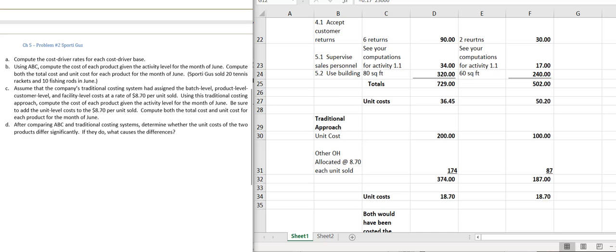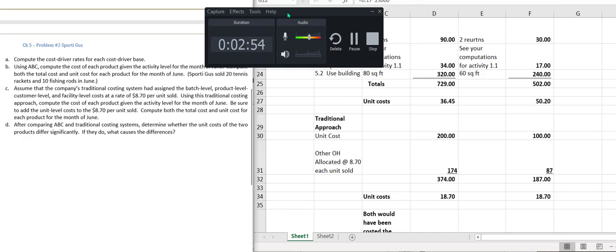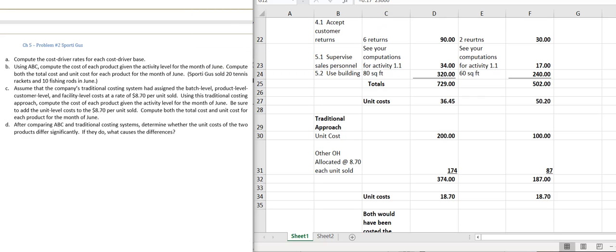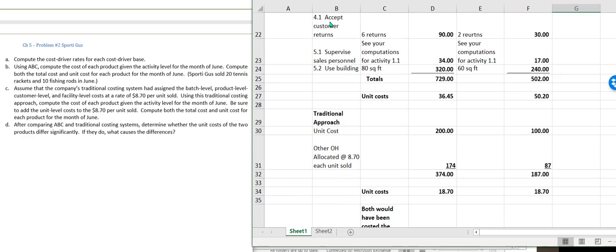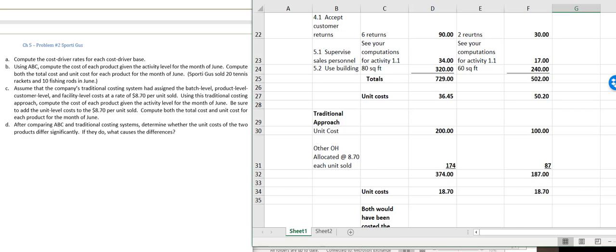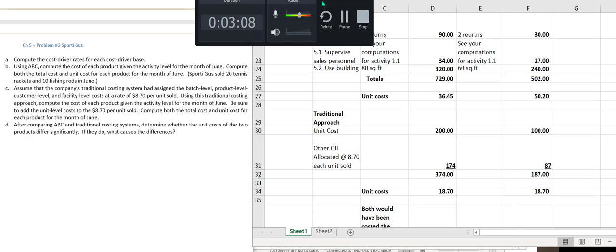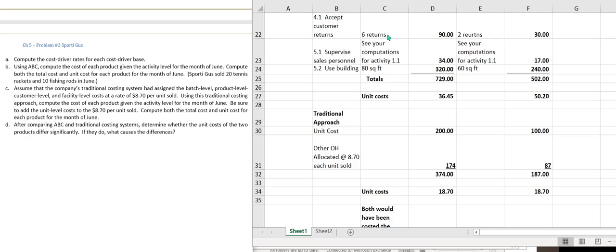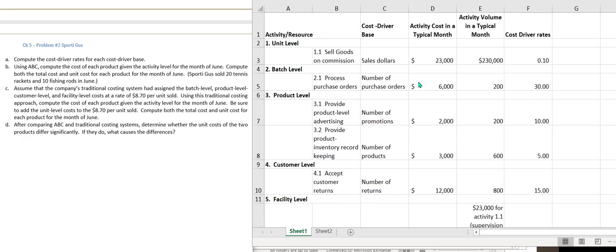So let's take a look at where we are in our problem. Here are our unit level costs.